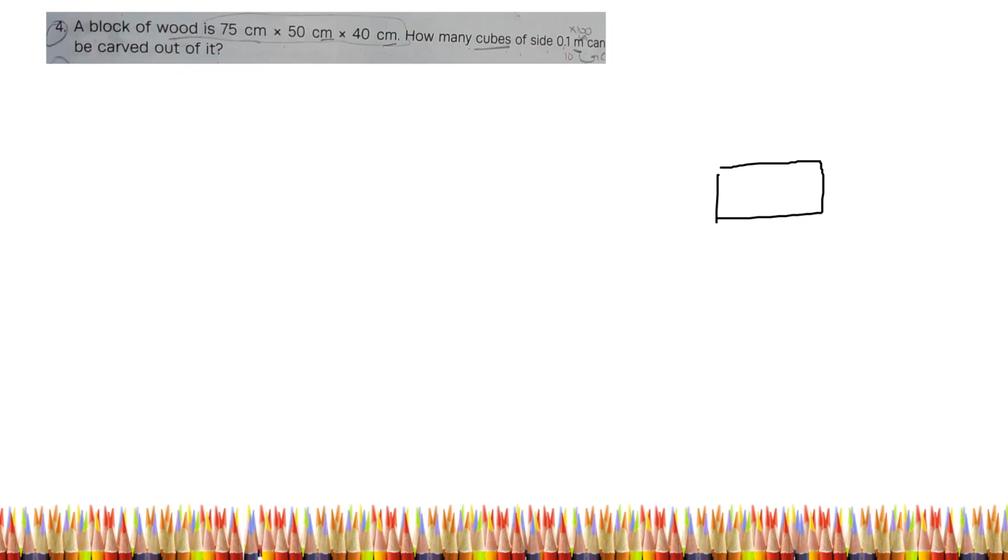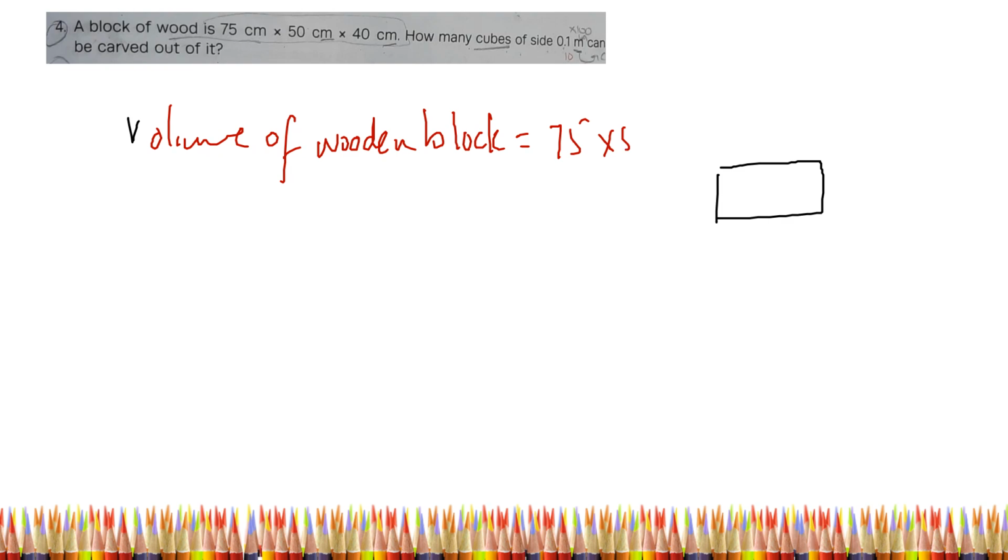And for this we have to find the volume, which is volume of wooden block is equal to 75 multiplied by 50 multiplied by 40, and when you multiply these three together, that is 75 by 50 by 40, you will get 150,000.